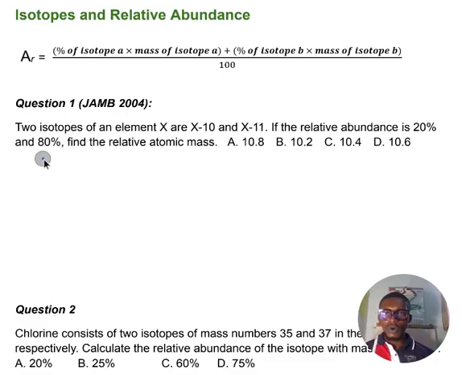So for X10, the abundance is 20. For X11, the abundance is 80.